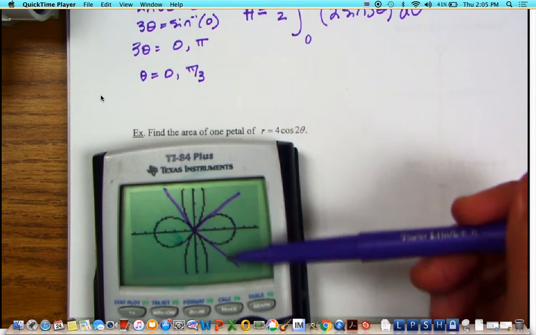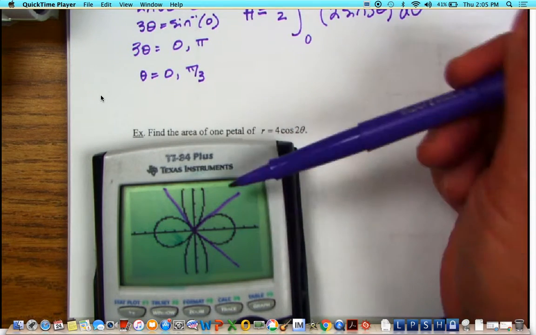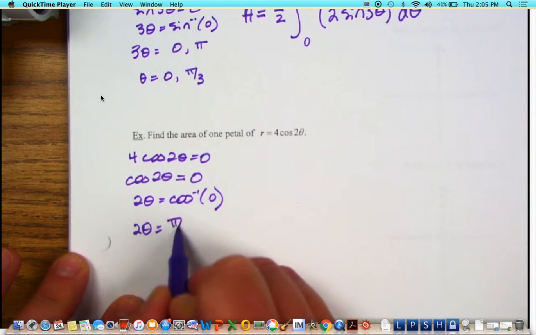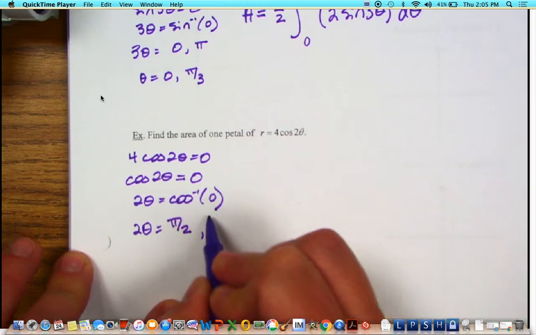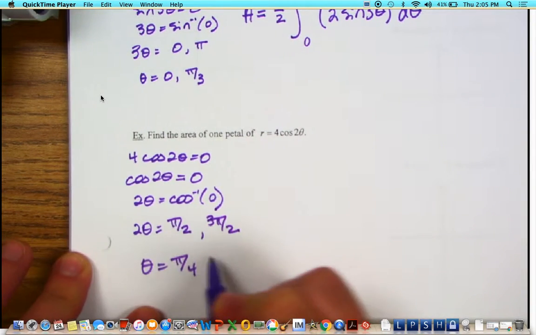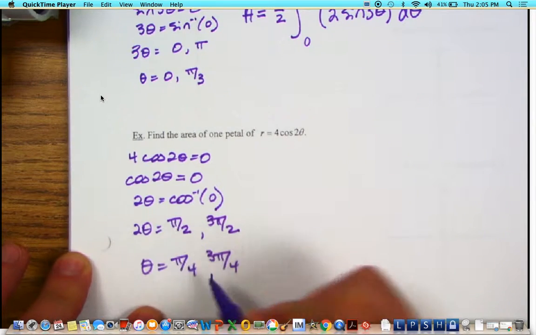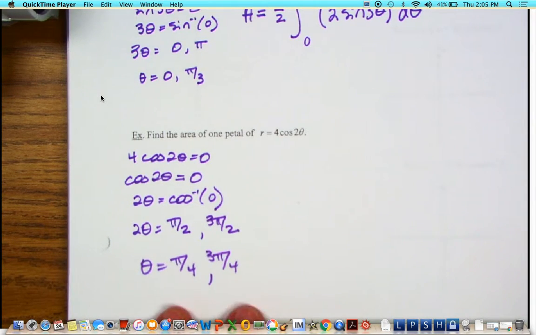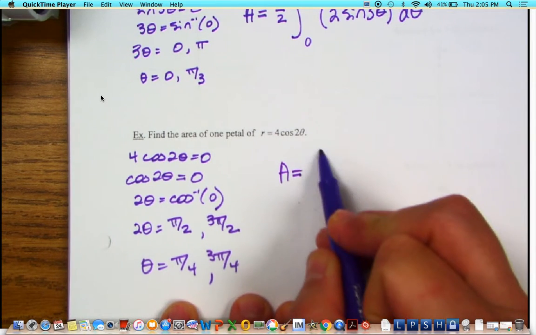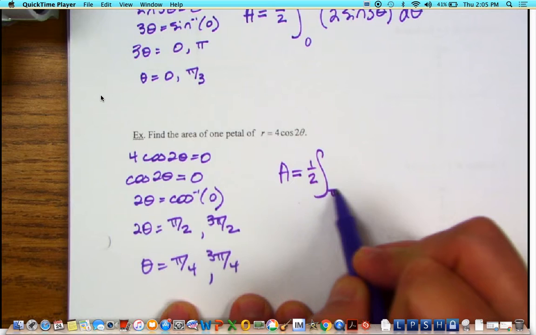Do you see how that gets you this one? If you do the other one, you're just getting that petal. That's fine. So this is pi halves, 3 pi halves is what you said, so theta is pi fourths and 3 pi fourths. And then that would just be your 1/2.